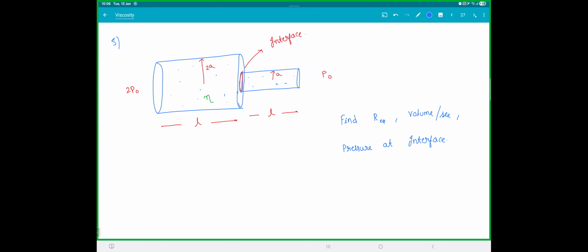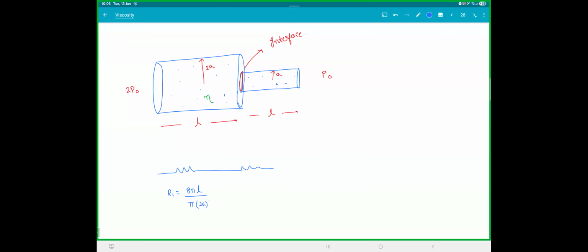Let's see. Okay. First thing, let's just replace them with resistors. Once you make it a resistor, it becomes easy to solve. So let this resistor be R1, which is 8 eta L by pi (2a) power 4.